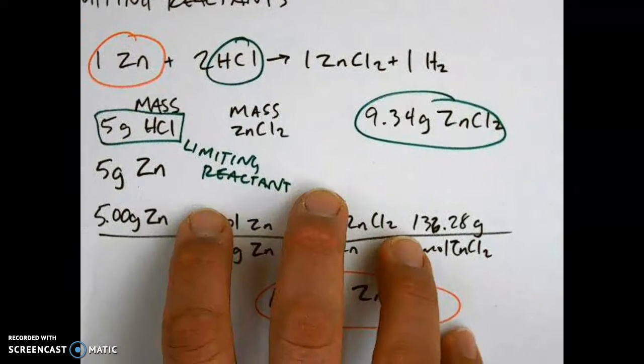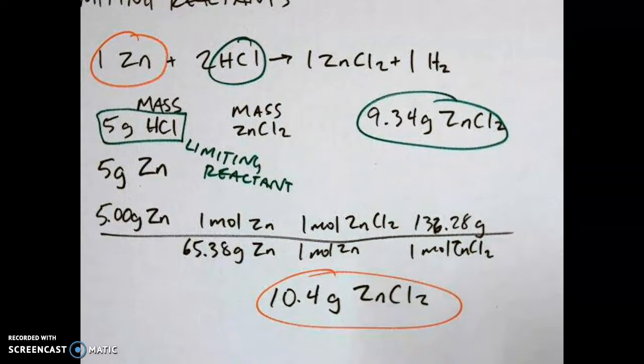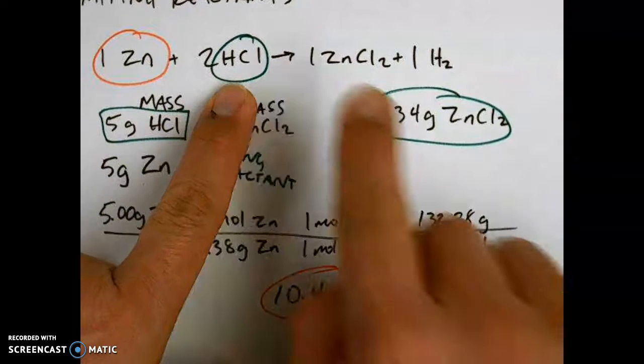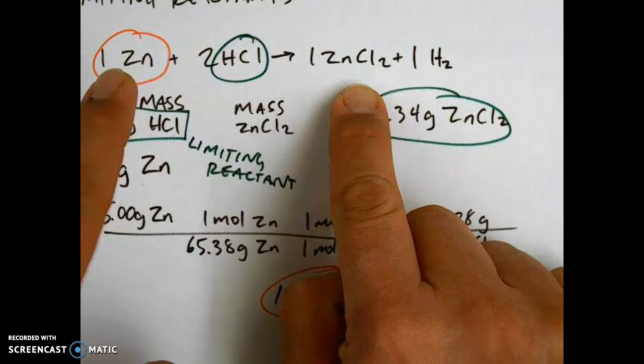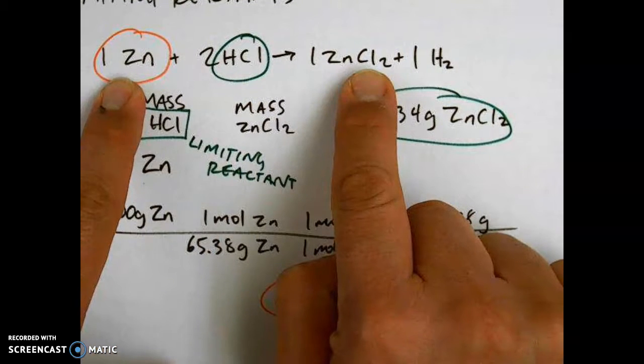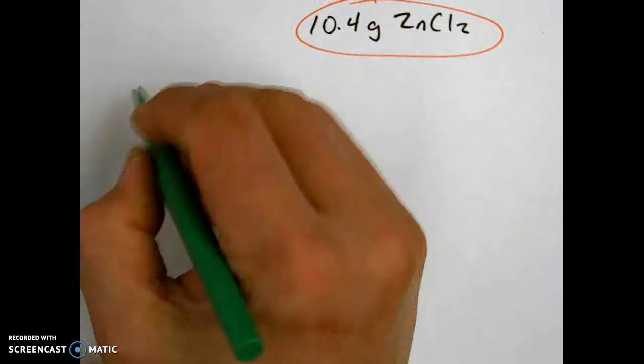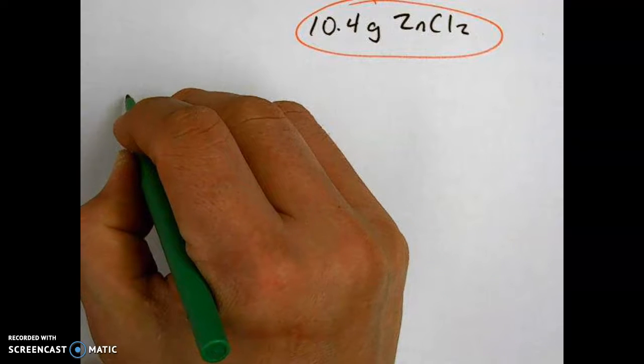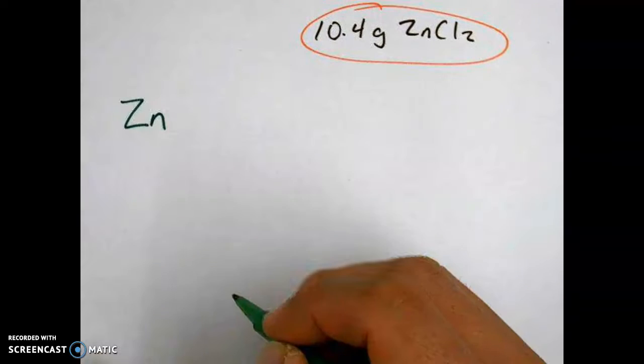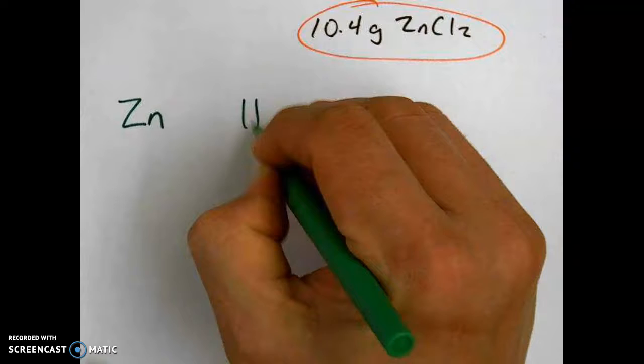Now I'm going to show you how I do it. In this method, you have to do two mass-to-mass conversions. So let me show you the method that I use. I change zinc to hydrogen chloride.